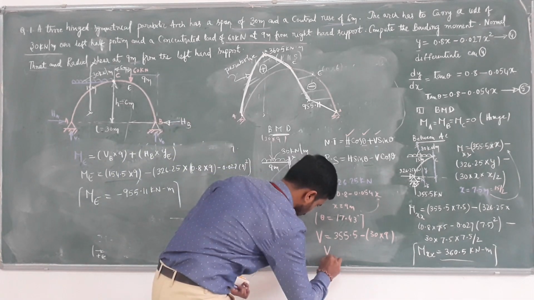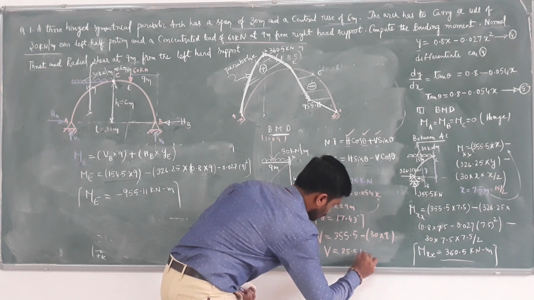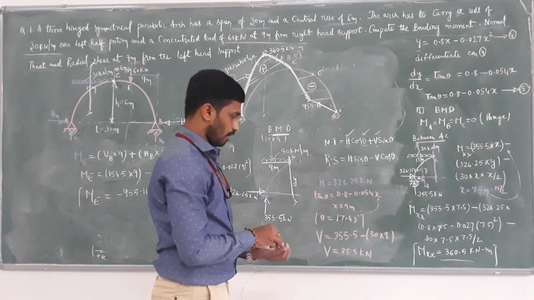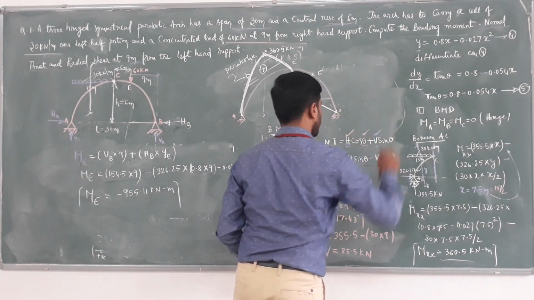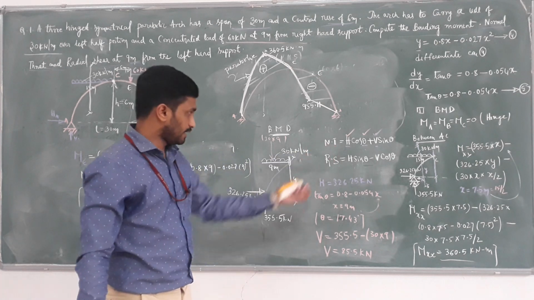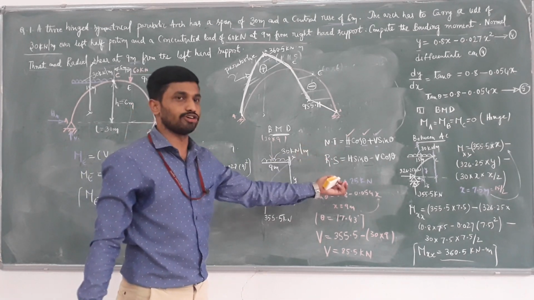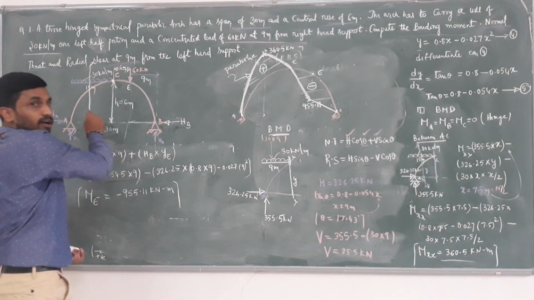So what is the V value? 85.5 kilonewton. We got the H value, theta value and V value. Now substitute these values in this equation, and we get normal thrust and radial shear at 9 meter from the left support.